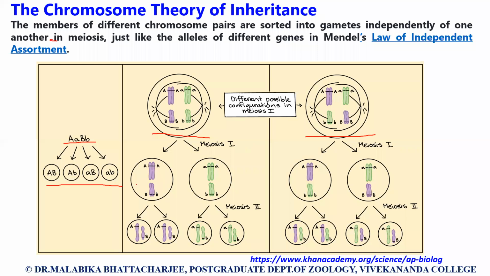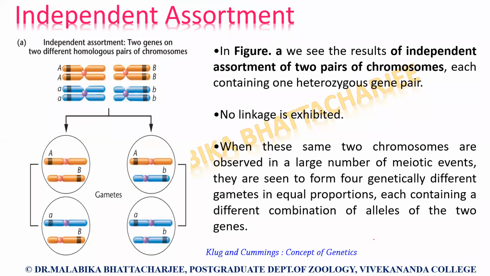Through meiosis 1 and meiosis 2, we get four different sets of gametes. As you can see, the members of different chromosome pairs are sorted into gametes independently of one another, so A is sorted independently of B, just like the alleles of different genes in Mendel. Thus, through the chromosomal theory, the law of independent assortment was also very clearly explained. And now we move on to some finer details of this independent assortment.